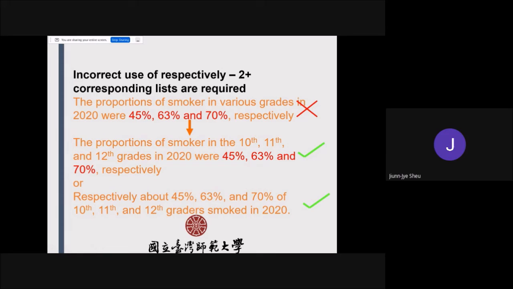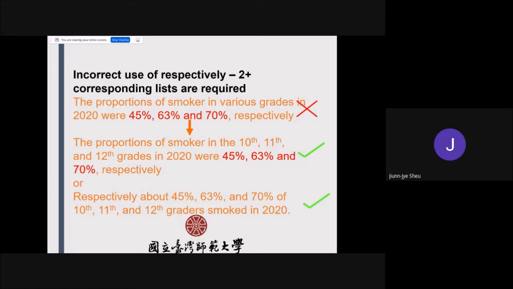And also, when you use more than two corresponding lists, you would use respectively at the end. So the first sentence is incorrect, but the second and third are the correct revision.